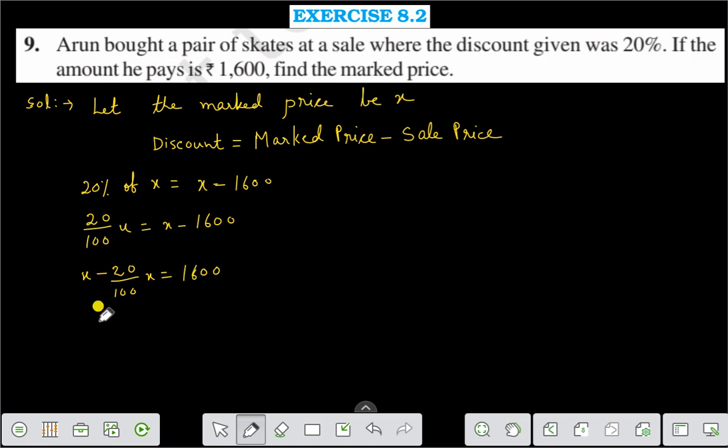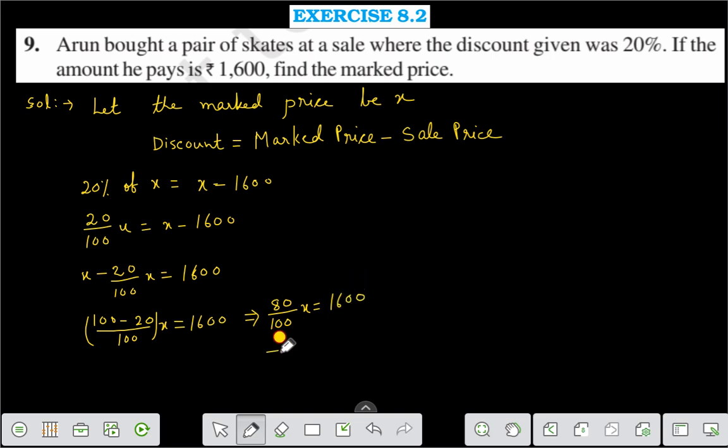Or you are getting 100 minus 20 by 100 X is equal to 1600, and that is given 100 minus 20, that is 80. 80 by 100 X is equal to 1600.